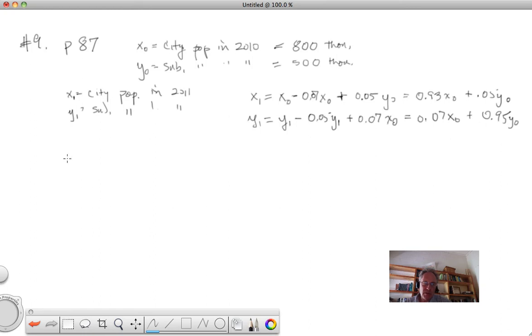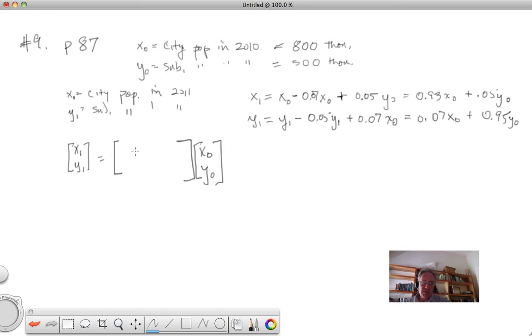Notice I try to align the x's and the y's. The interesting thing about that is that you can rewrite it in terms of a matrix product. I think it's not too hard to believe that you can write the vector x1, y1 equals some matrix times the vector of values in 2010, x0, y0.